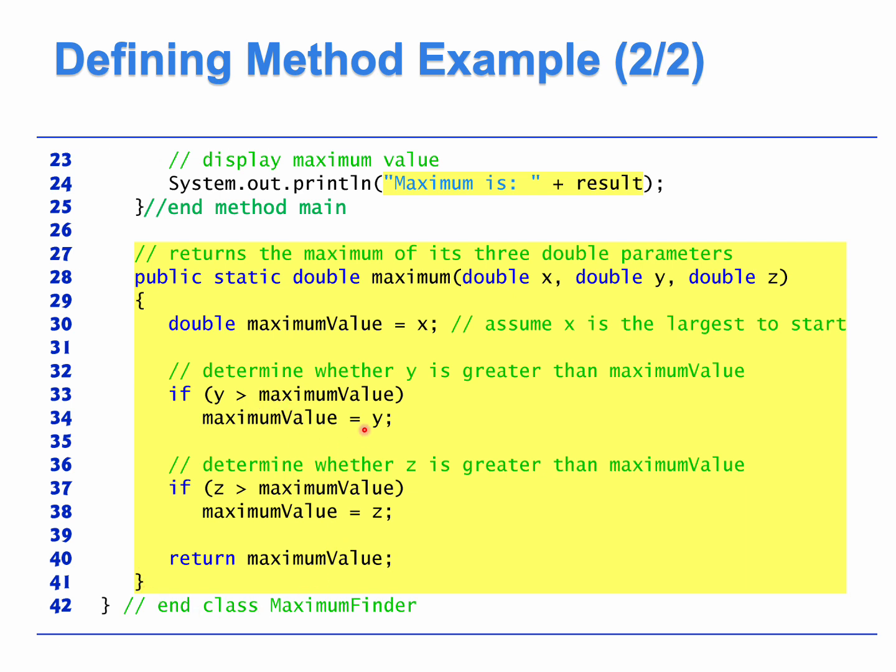of the method maximum. The body indicates that the method maximum determines and returns the largest of 3 double values x, y, z, which are specified in the parameter list in the method header.